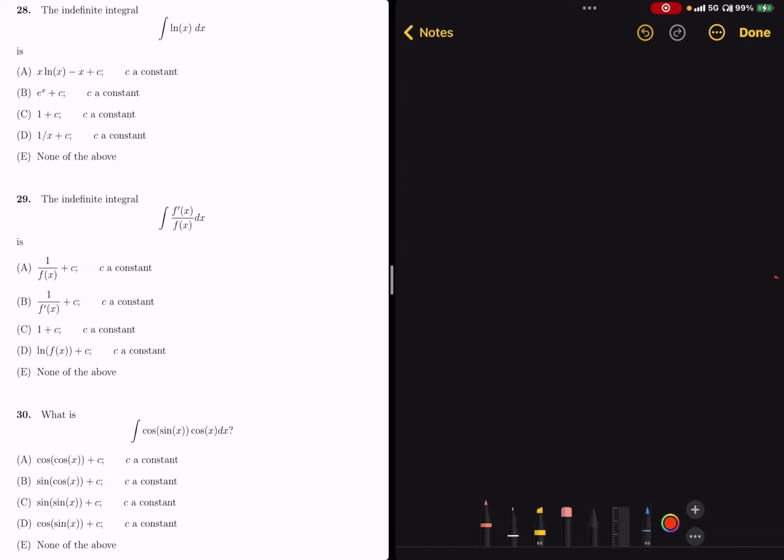Now, let's have a look at question 30. So we have, what is the indefinite integral of cosine of sine of x times cosine of x dx?